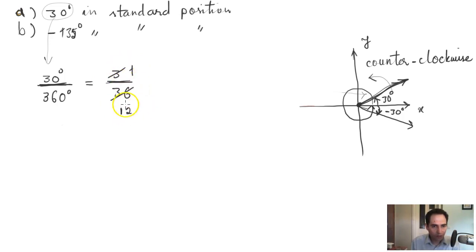So 1/12 of the whole circle becomes your angle, which is 30 degrees. And 1/12 again is not very convenient, because you would have to divide the whole circle into 12 exactly equal distances around the circle, and then take one of those distances.